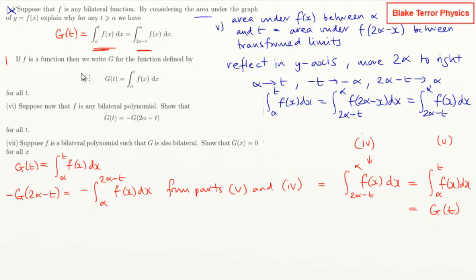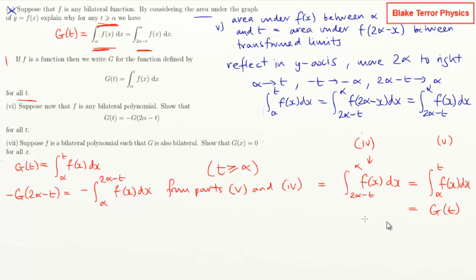Is that everything? No, it's not everything. Oh, how annoying, because this is for t greater than or equal to alpha, and it needs to be for all t. So I need to put on here that this is for t greater than or equal to alpha.